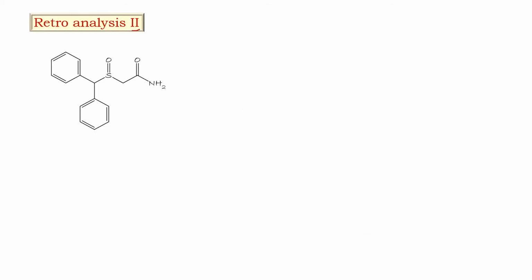Retroanalysis 2. Here is our target molecule. Sulfoxide we can get from the thioether. Here, instead of cutting in here, we'll cut on this carbon-sulfur bond.